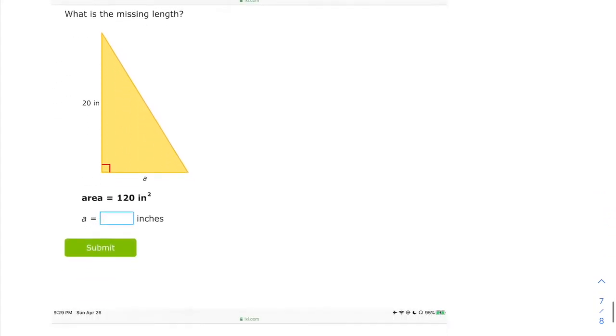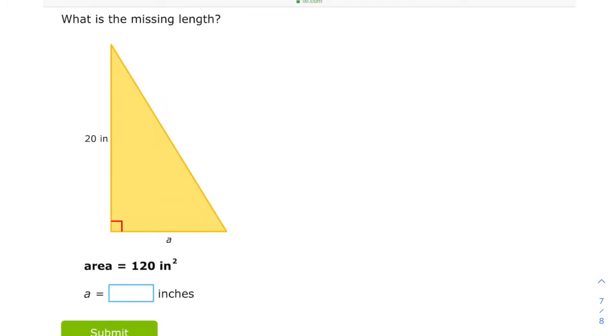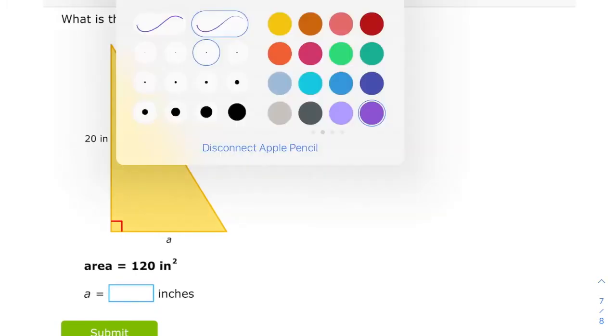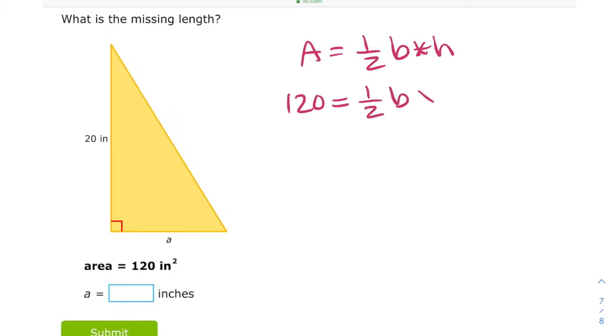Okay. Now here's a problem where we're missing a value. And now if it's a parallelogram or a triangle, we just have to work backwards. So area is 1/2 base times height. They give me the area. They have given it to me right here. They give me 120, and I'm going to leave inches squared out of it for now.